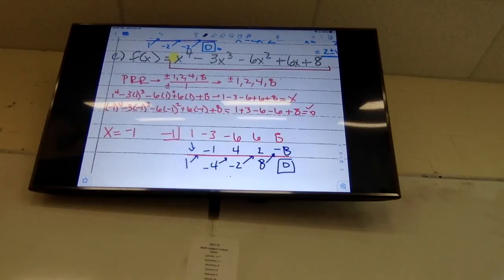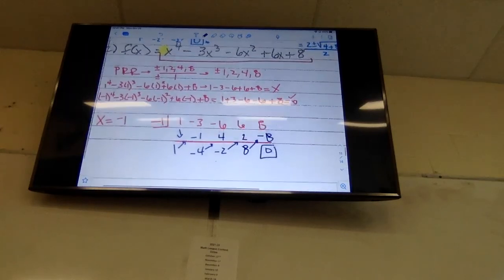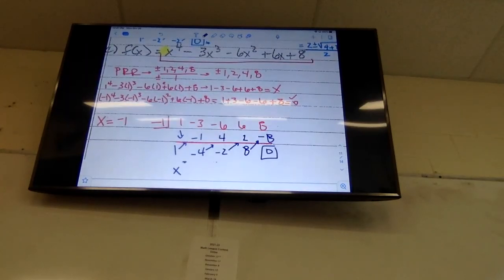Again, you can use synthetic division instead of the factor theorem where you plug it in. Either way, I got my remainder to be 0. So my new equation is x to the third minus 4x squared minus 2x plus 8.